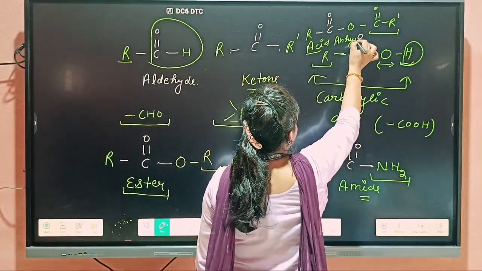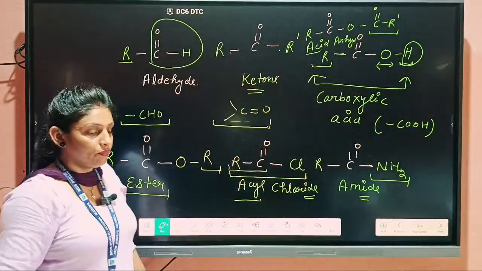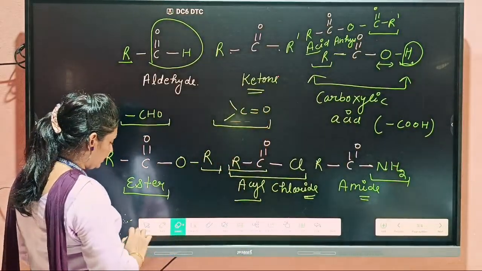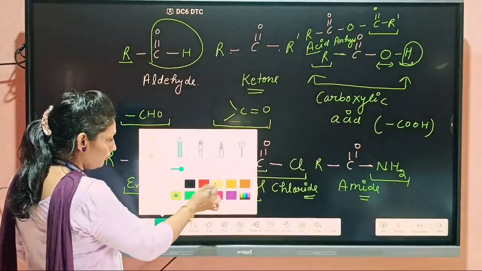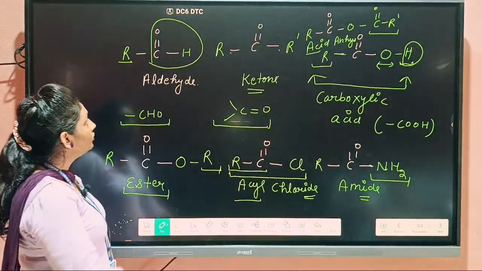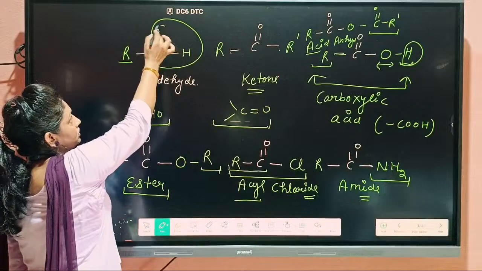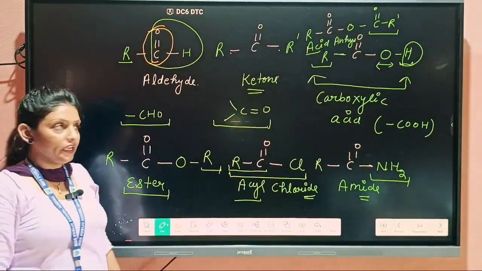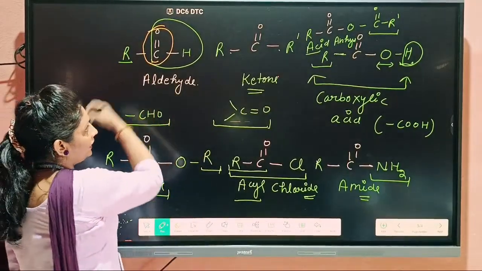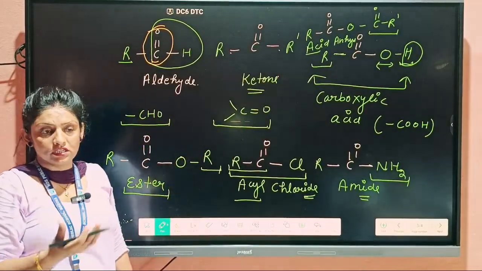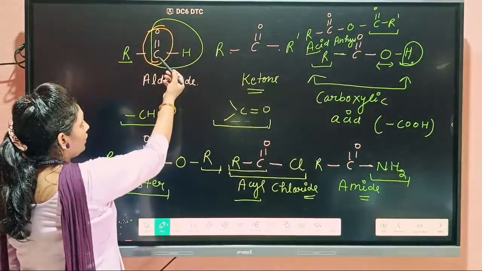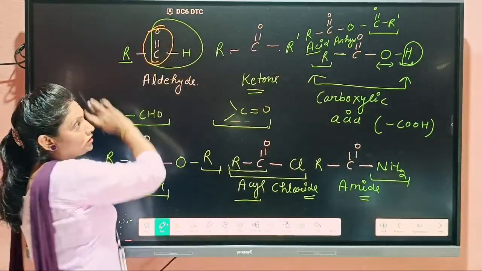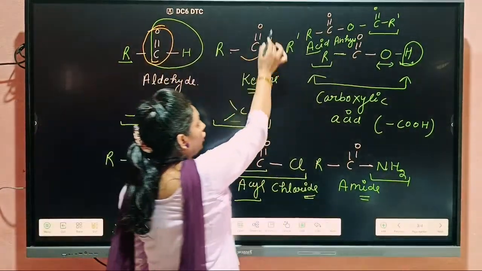So all these are carbonyl groups, because a carbonyl group is that in which a double bond forms between carbon and oxygen. What is common in all these? Here the common thing is that carbon forms a double bond with oxygen. In all cases it is common.